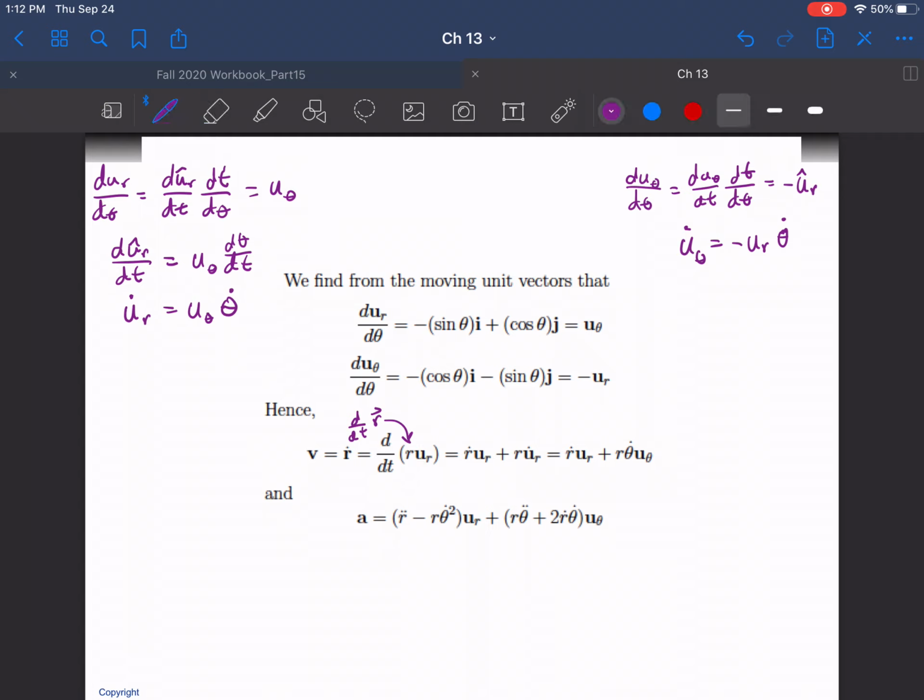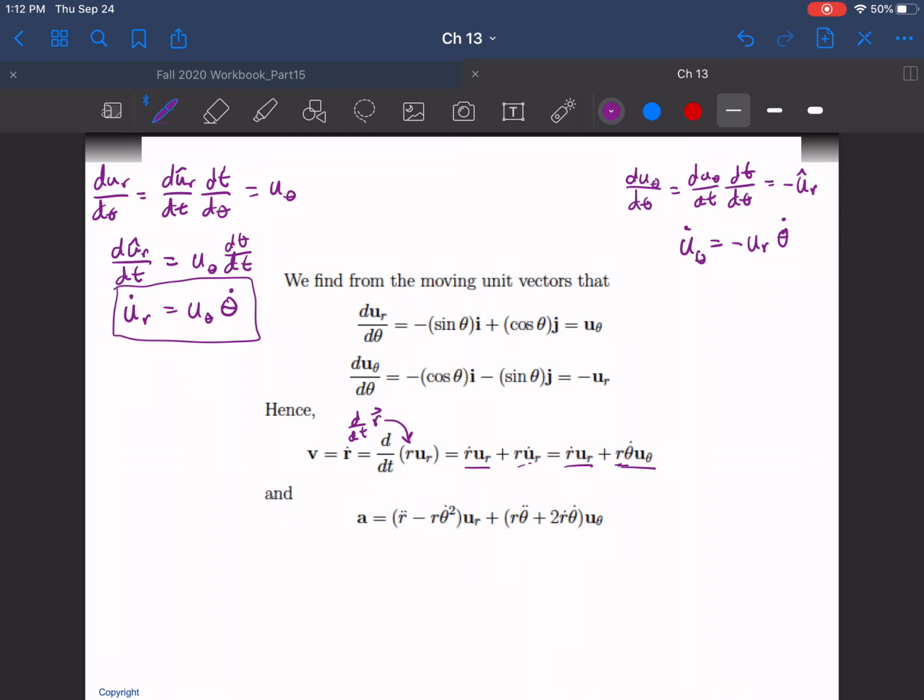Now you apply the product rule, so it's the derivative of r times ur plus r times the derivative of ur, and as we just found above, the derivative of ur is u theta theta dot. So we end up with r dot ur, and then this ur dot becomes r theta dot u theta.